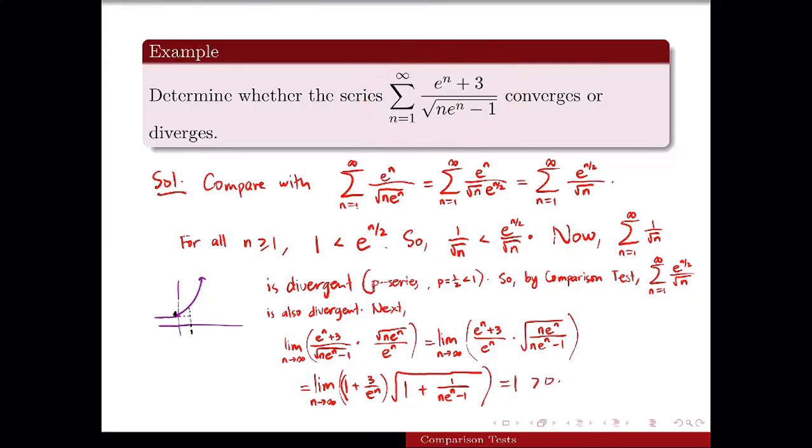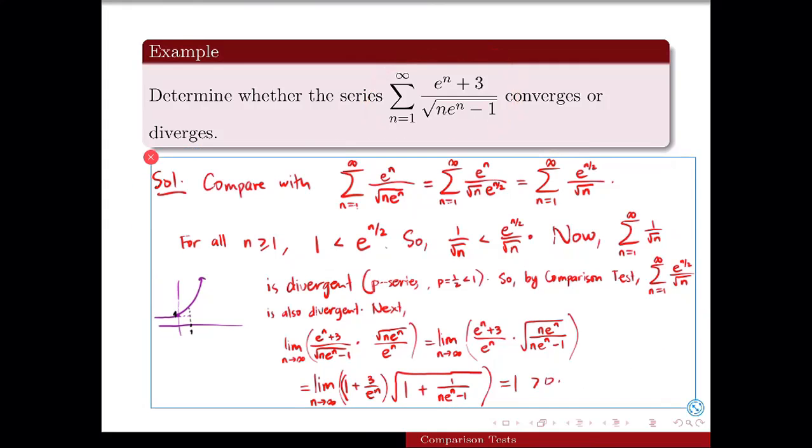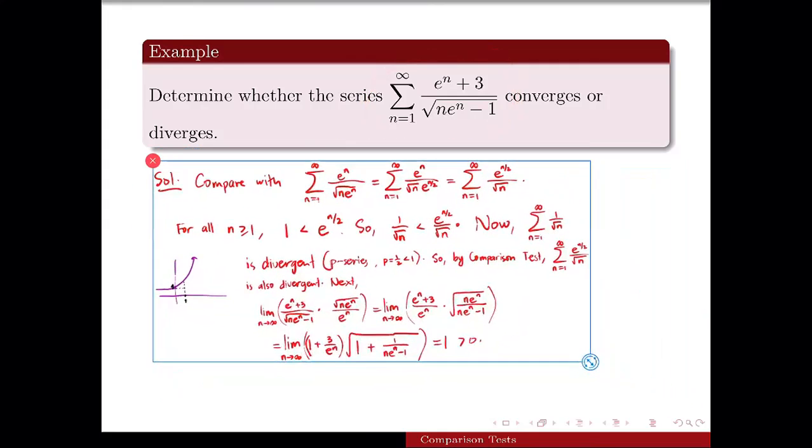So let me just write the conclusion there. How do I edit this? I'll reduce the size so I can fit in the conclusion.